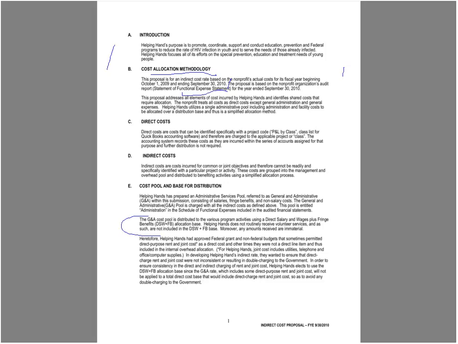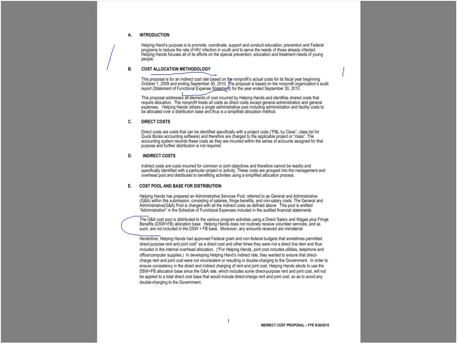And then we're saying heretofore Helping Hands had approved federal grant and non-federal budgets that sometimes permitted direct purpose rent and joint costs, and other times they were not included in an internal overhead allocation. And it goes through that. And then it says in developing Helping Hands indirect rate, they wanted to ensure that direct charge rent and joint costs were not inconsistent or resulting in double charging.